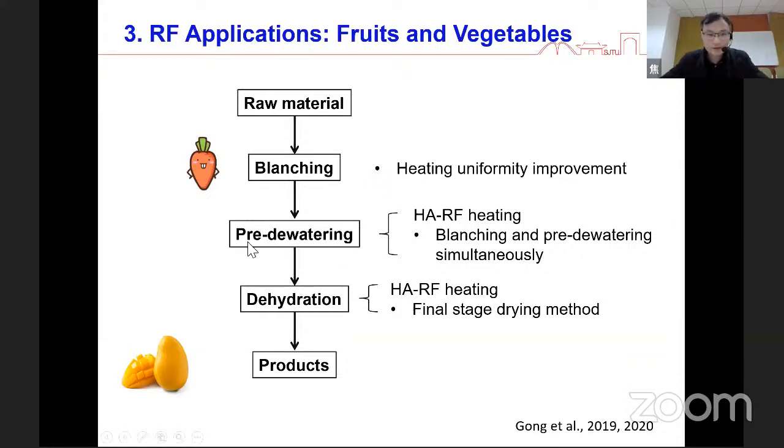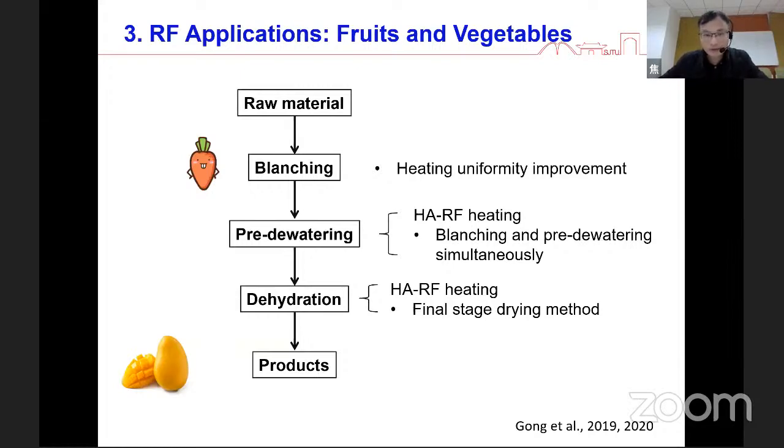And then for the pre-dewatering, we also tried using hot air assisted RF heating to remove part of the water. And we also compared with the conventional osmotic dehydration method. And finally, we found that even though hot air assisted RF heating could effectively remove part of the moisture content, it would cause some quality loss, especially compared with the osmotic dehydration method.